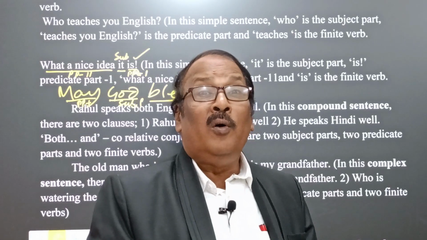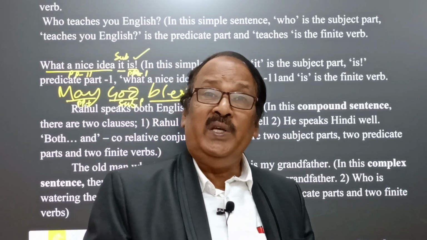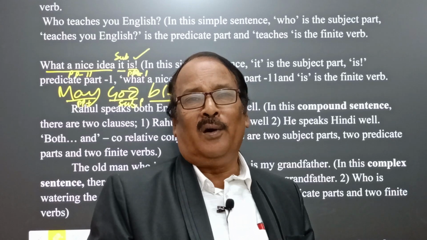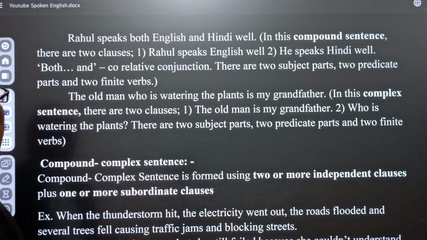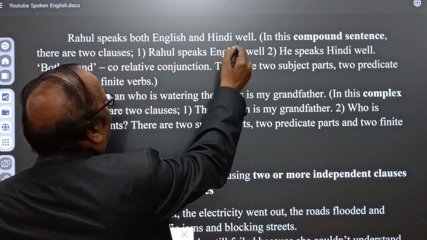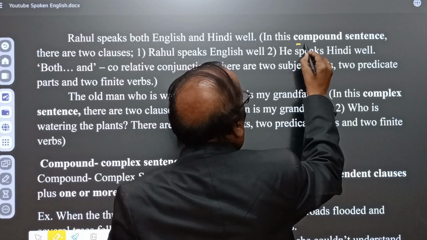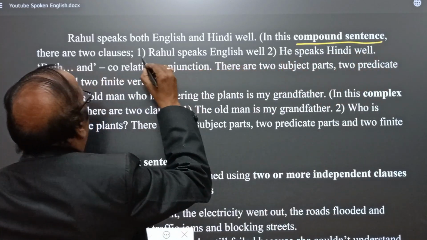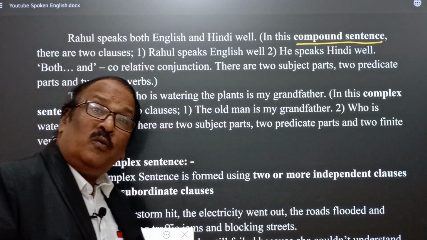In a compound sentence there must be a coordinator, conjunction, linker, or connector. For example, Rahul speaks both English and Hindi well. This is a compound sentence, and in it we find 2 clauses.